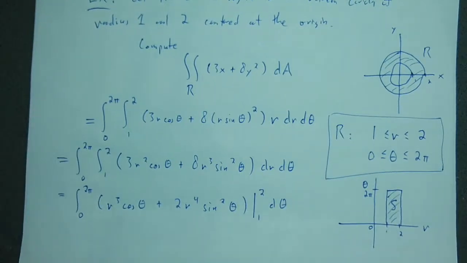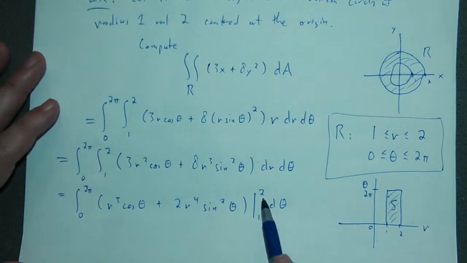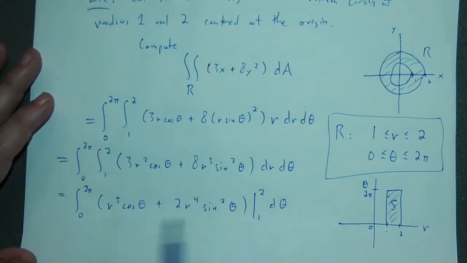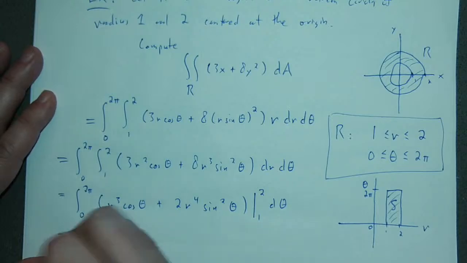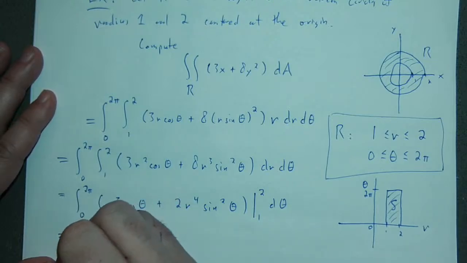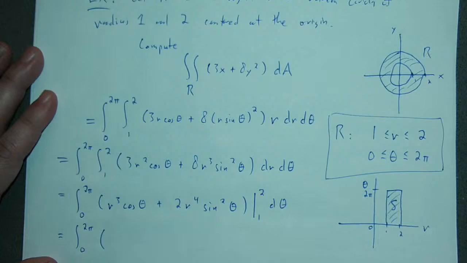So let's quickly see how this works out. So evaluating this from 1 to 2, let's think here. I can actually evaluate these separately. So here I plug in 2 cubed minus 1 cubed, so 8 minus 1, that's 7. So this is the integral from 0 to 2 pi of 7 cosine theta.